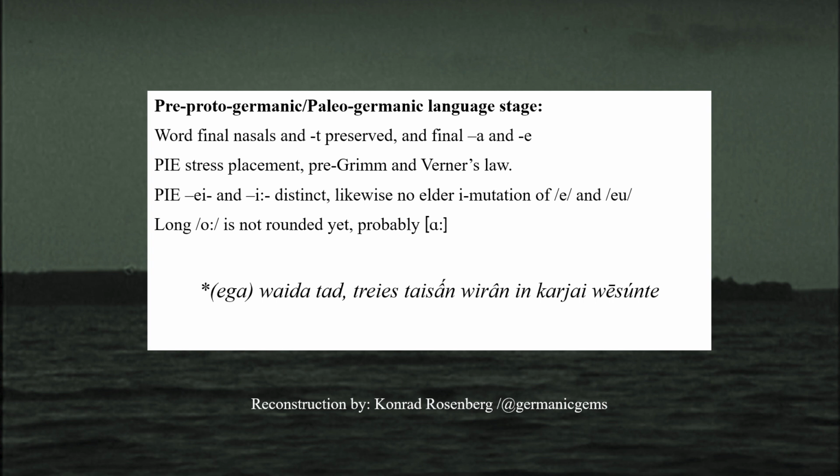Proto-Indo-European a and e were still distinct. No I mutation of e or e to i or iu. Long Proto-Germanic o was not yet rounded and was probably some kind of unrounded back vowel, probably something like o.